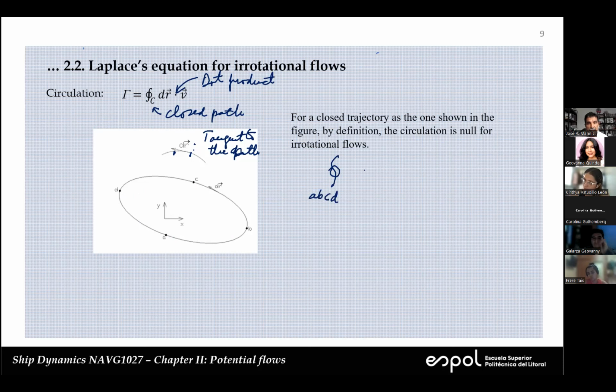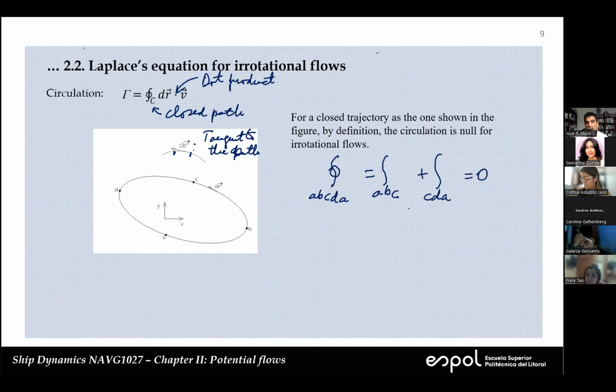We can say that this is equal to the integration from A to C, so A, B, C, and then we complete the closed path by the second part, from C through D until A, back again. So it's going to be C, D, A. And we are saying that this is equal to 0.